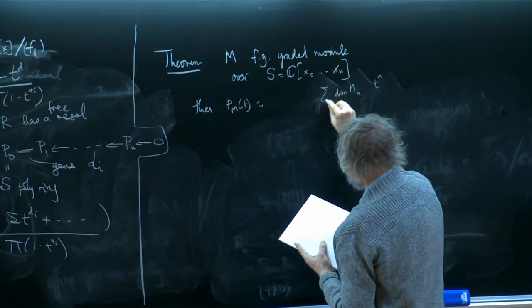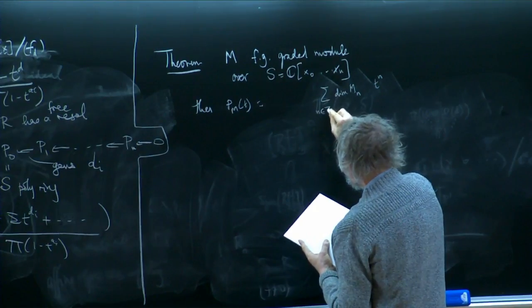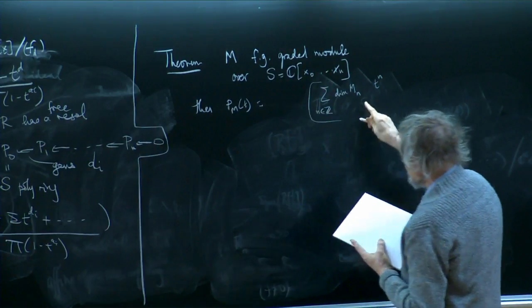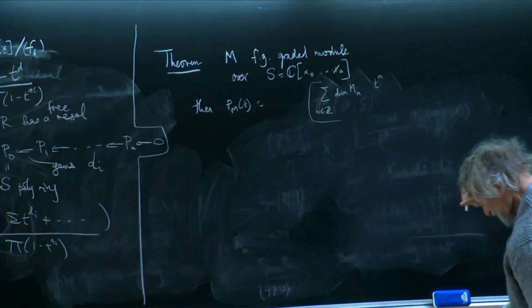Now the sum has to be over n in Z, because the module might have elements in degree -1.